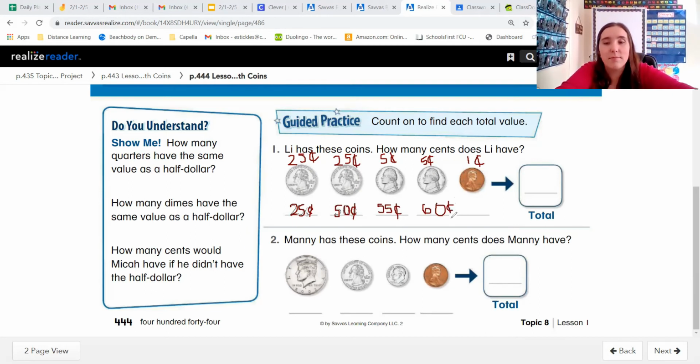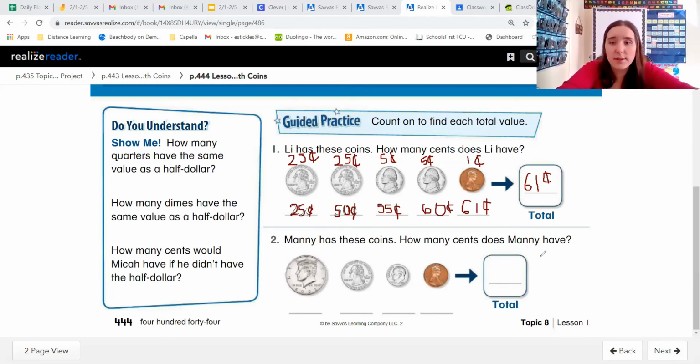And then guess what? Just 1 more. So what's 60 cents plus 1 more cent? What does that equal? 61 cents. So what is our total value for this problem? 61 cents. Let's write it out. 61 cents. Great.